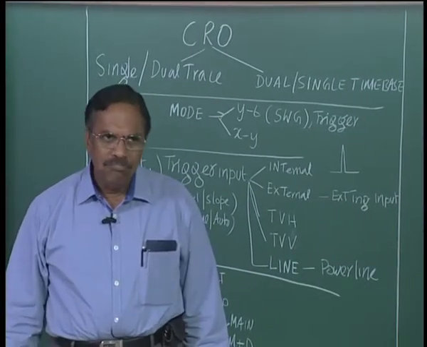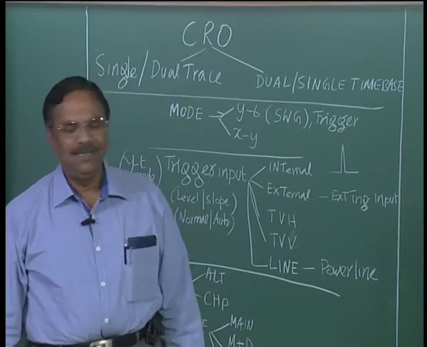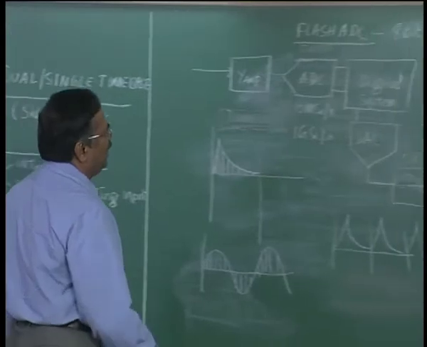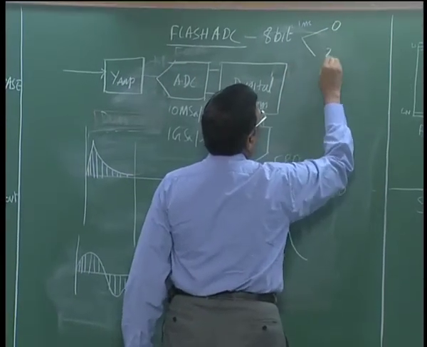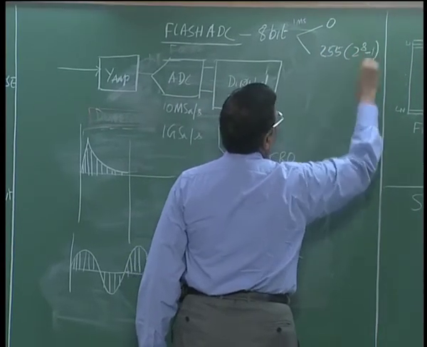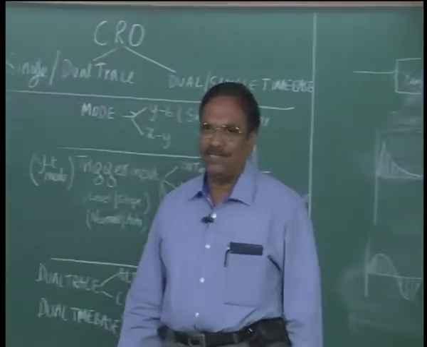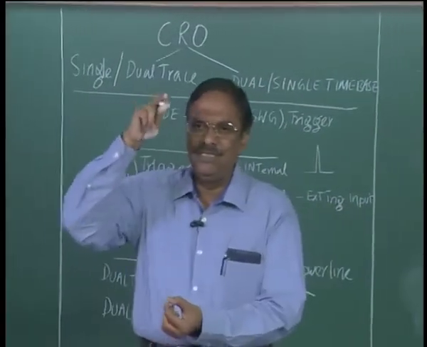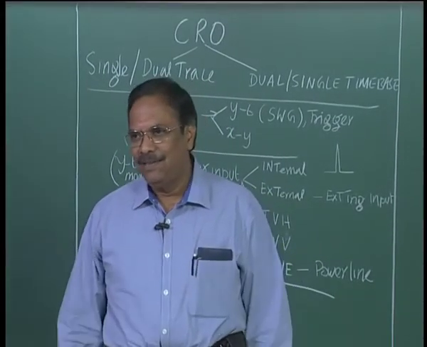and the moment I look at the 8 bit, the 8 bit means I can have levels between 0 and 255. This is 2 power 8 minus 1. I can resolve my analog signal in amplitude between 0 and FF in hexadecimal.